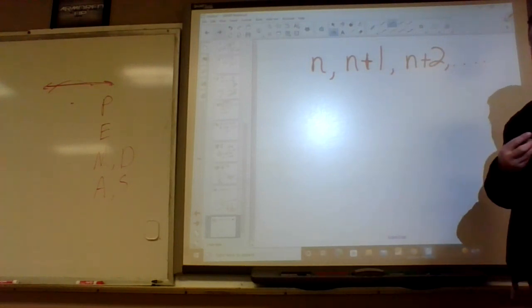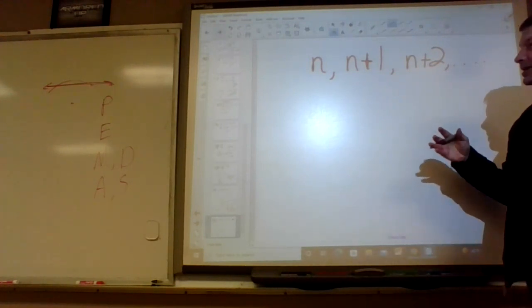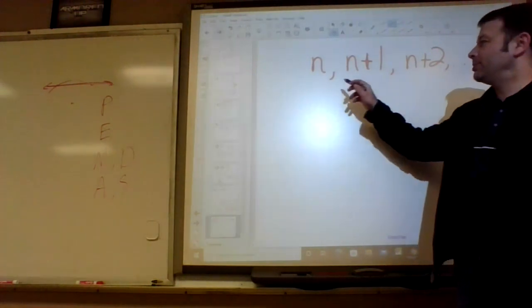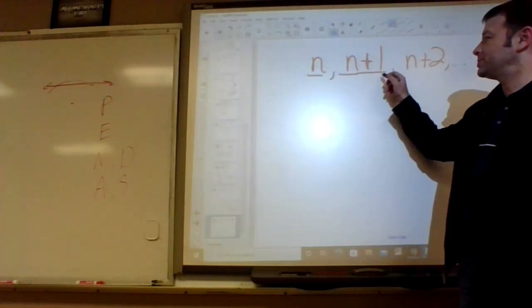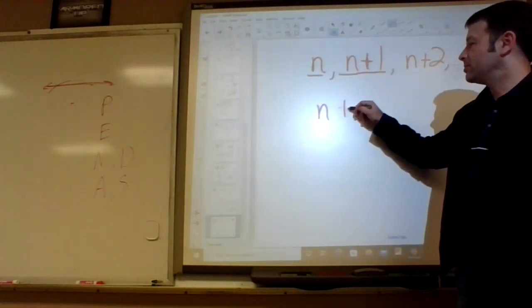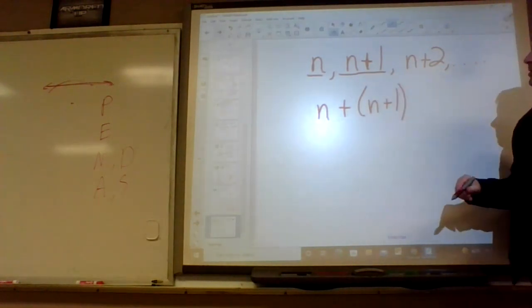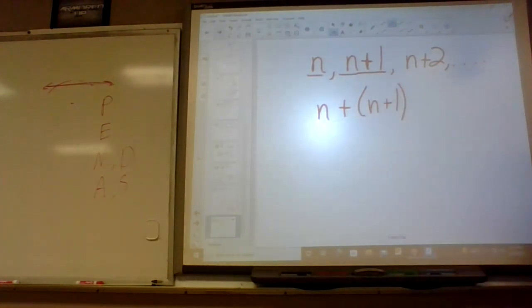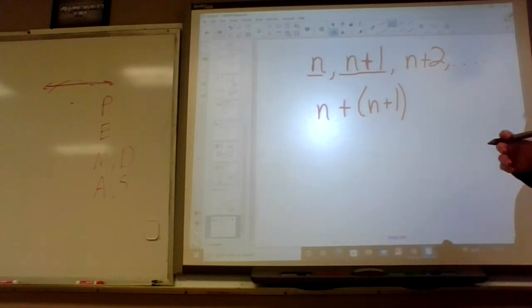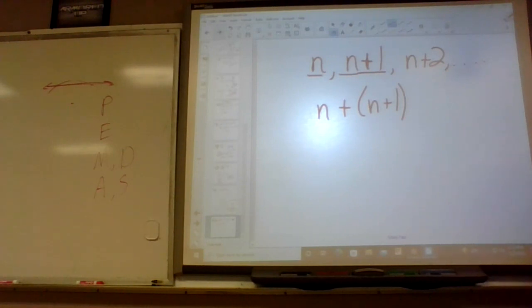Add. So we want to add the first two of these together, n plus 1. Do the parentheses really matter on this one? No, because order of addition doesn't matter.